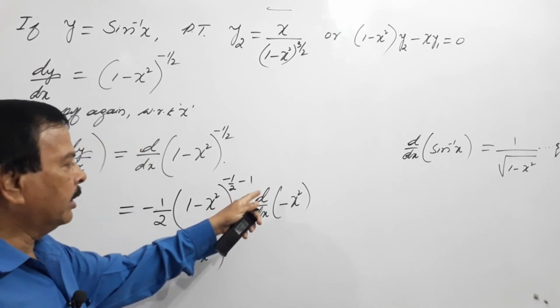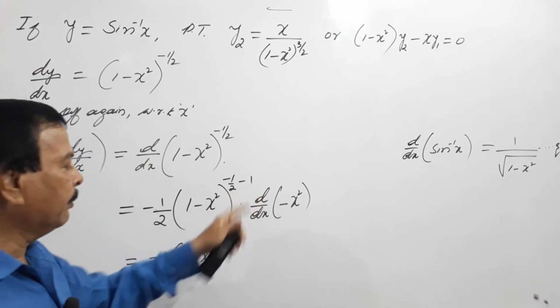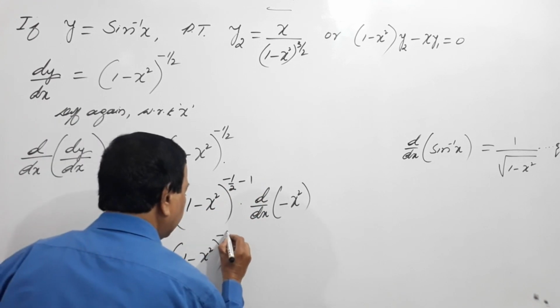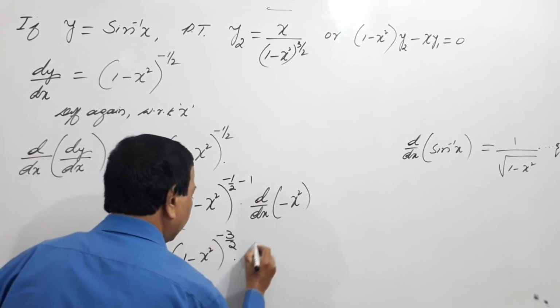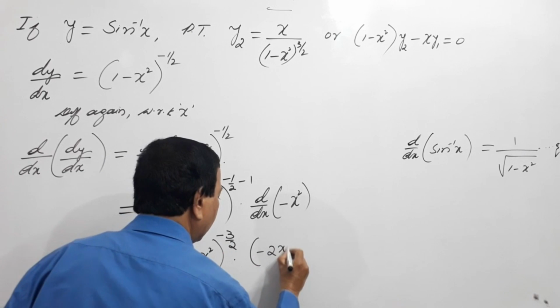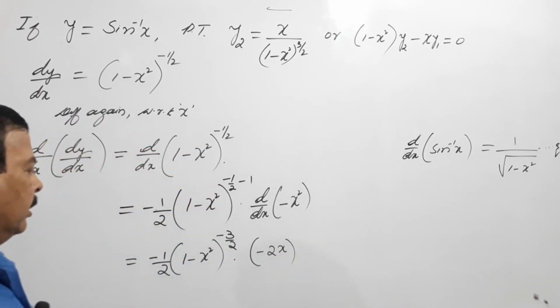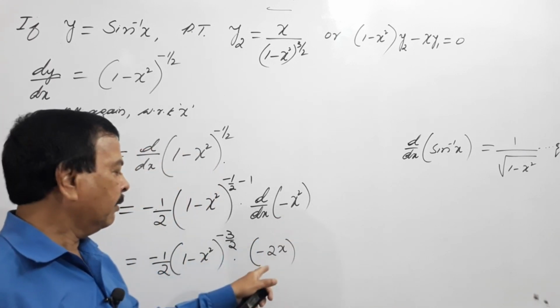Half minus 1 is minus 1 and half, and 1 and half is minus 3 by 2. Into minus 2x. If you differentiate minus x square, it becomes minus 2x.